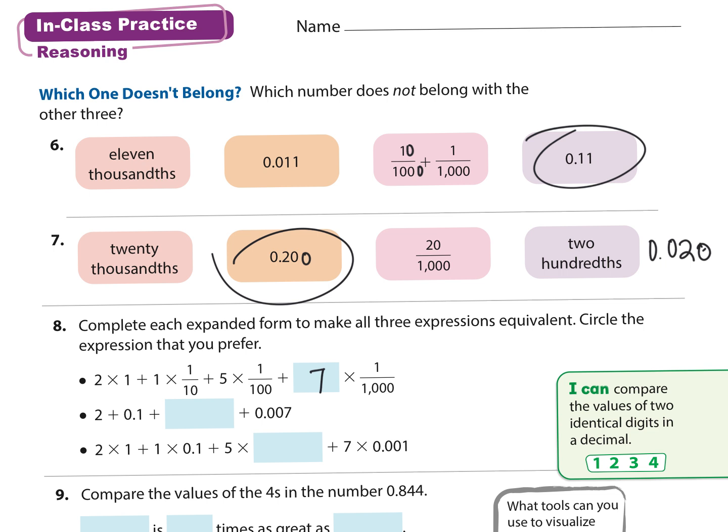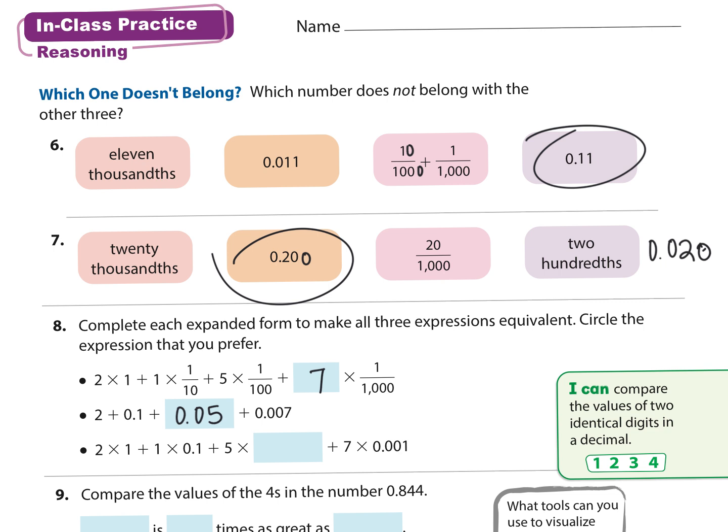Okay, the next one is kind of like our traditional expanded form, what we're used to seeing. So we have 2 plus 0.1 plus what would go in the blue box? 0.05. And then the last one, I have 2 times 1. This time it's not fractions, it's decimals.